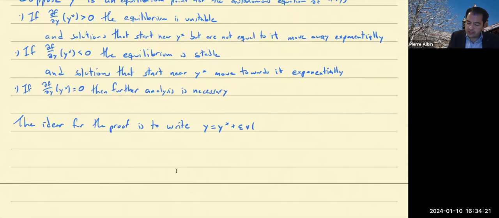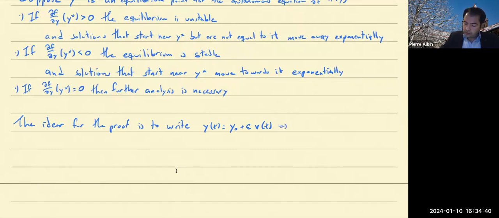So some function v, let's say y of t is y naught plus epsilon times v of t, right? Here, epsilon is something we think of as small when y is close to y star, right?